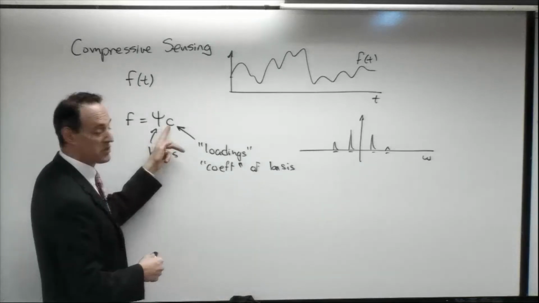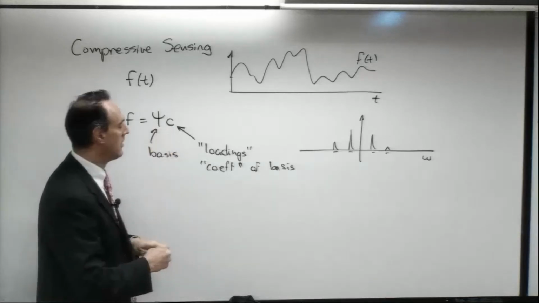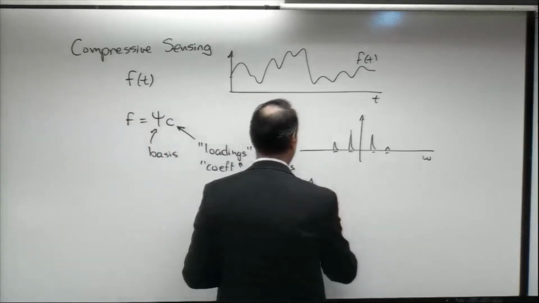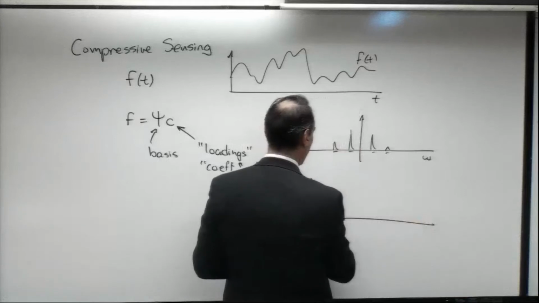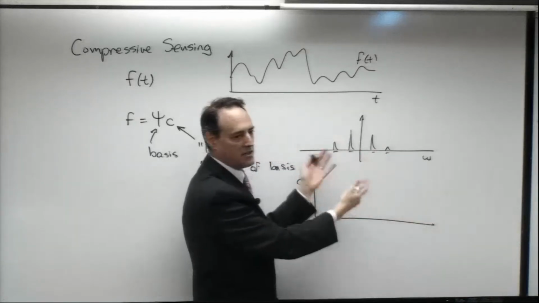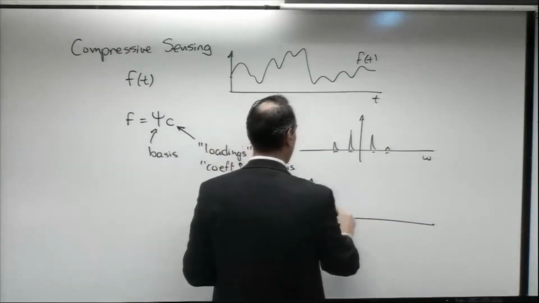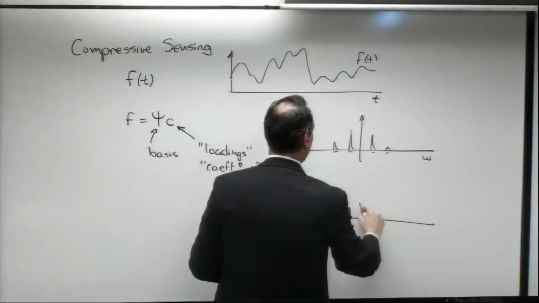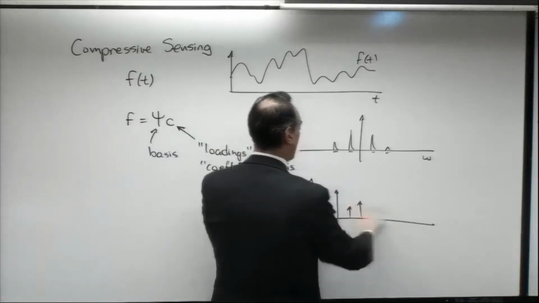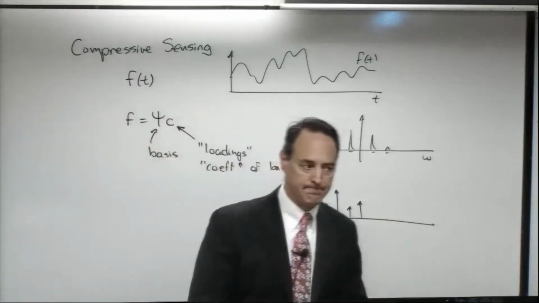It means the vector C, which tells me how it's loaded, is mostly zeros. For instance, even for this signal, let's say there are 4 non-zero components. If I look at the values of C, it would have 4 non-zero components. Everything else is 0. Okay?